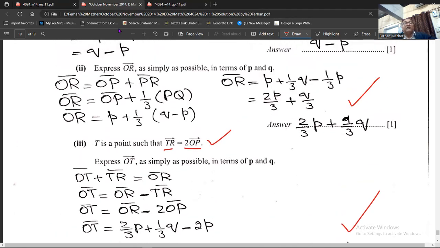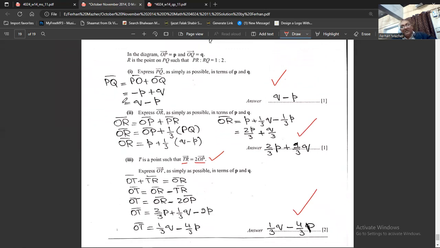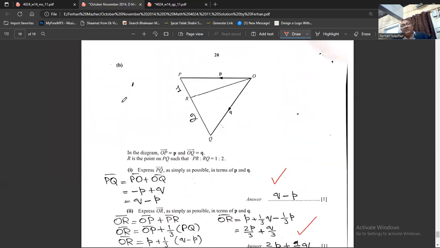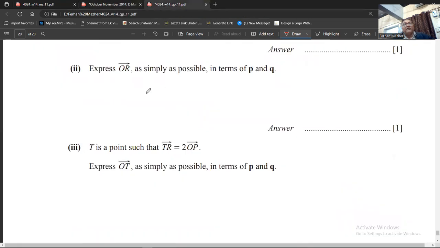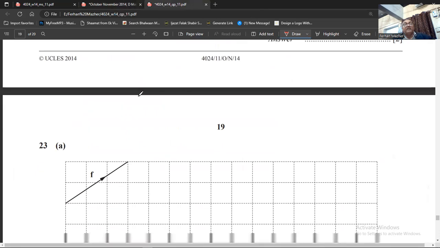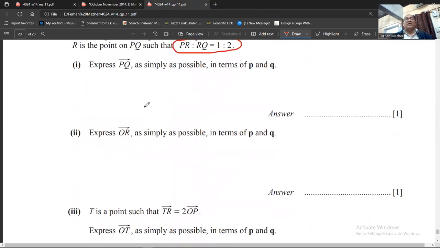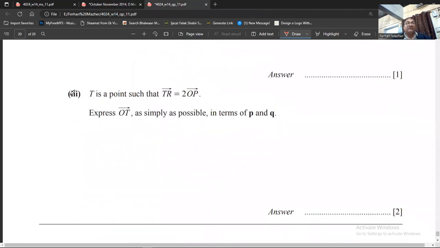You can pause the video. Let me reduce the size so you can see the whole thing together. This is the solution of question number 23, it's B part. A bit heavy question, especially this part.